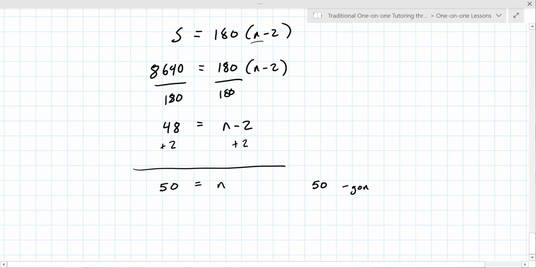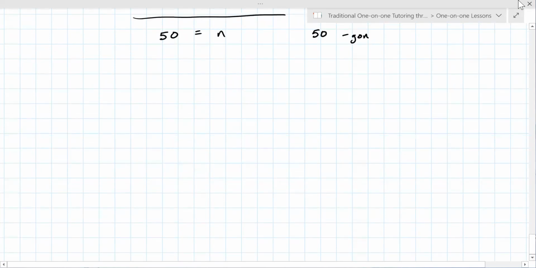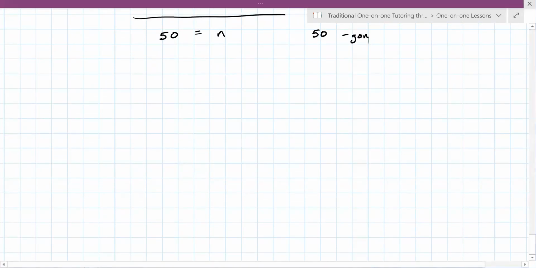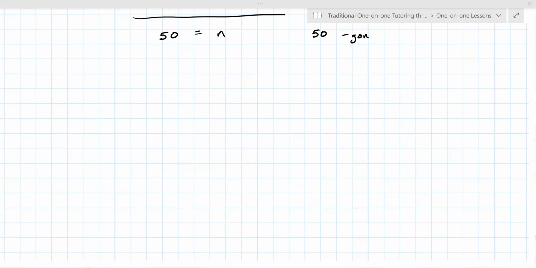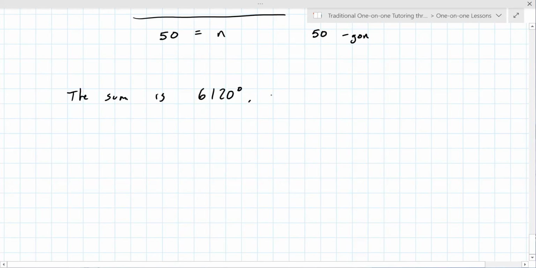Okay, let's try another one. Just a moment here to come up with one. Okay, let's say the sum is 6,120 degrees. How many sides? Yep, and this is our formula. This is the only formula we have.